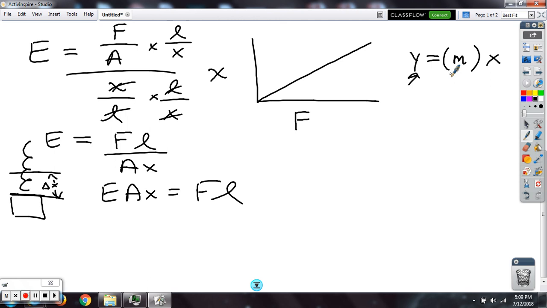So I kind of have to undo a little bit of what I just did. I didn't have to multiply A to both sides. I could have kept A in the denominator there and just multiplied both sides by X. But since I already did it, now what I'm going to do is divide both sides by EA.